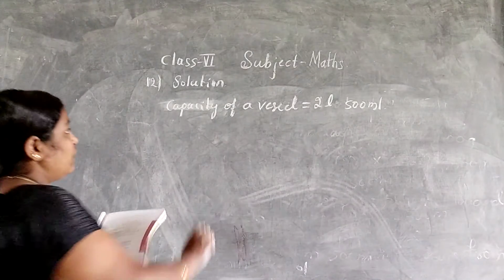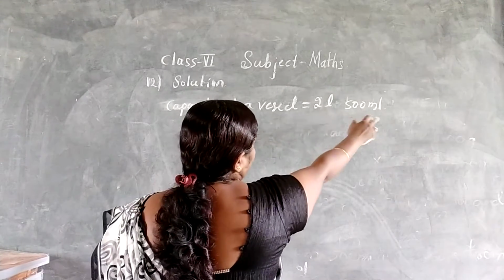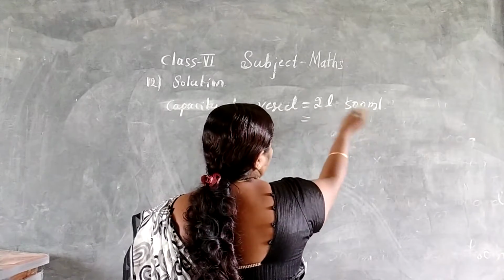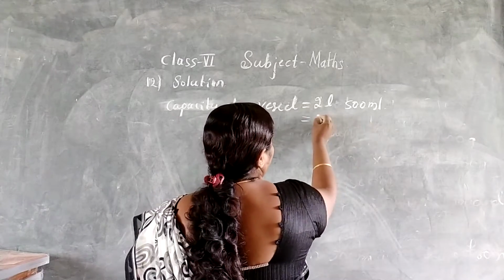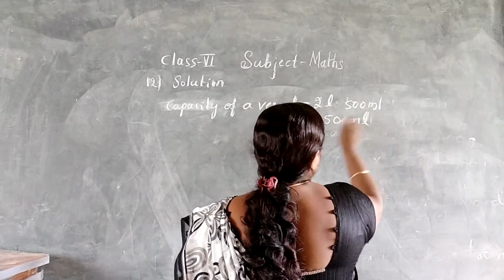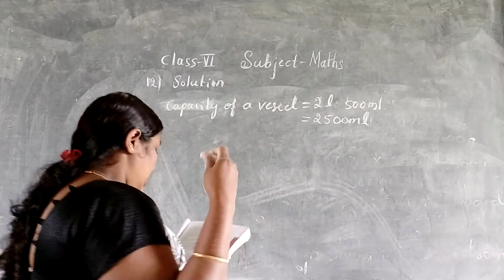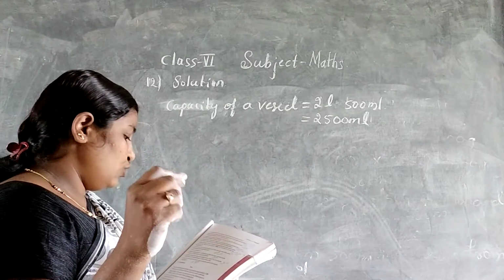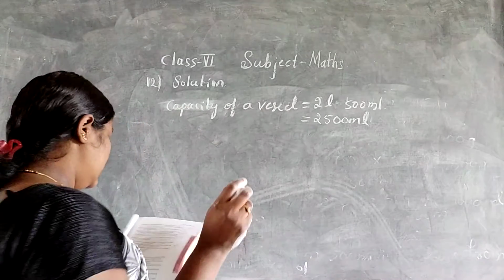Okay. One vessel has 2 liter 500 ml of curd. So this has to be converted into ml. That will become 2500 ml of curd, which should be divided into glasses of 25 ml capacity.